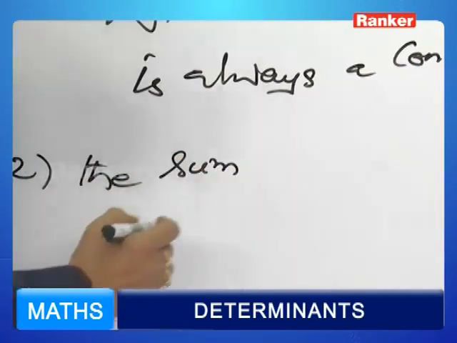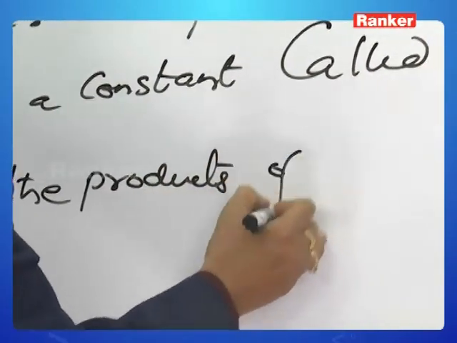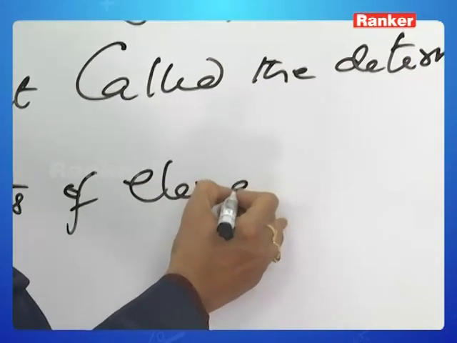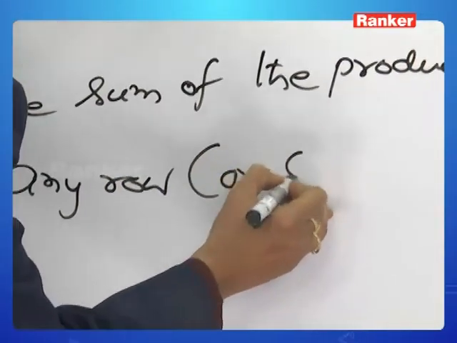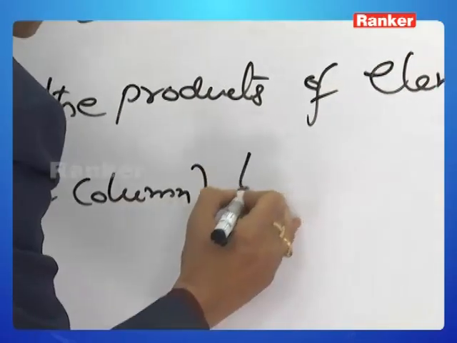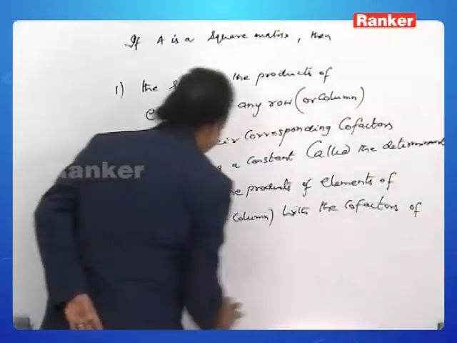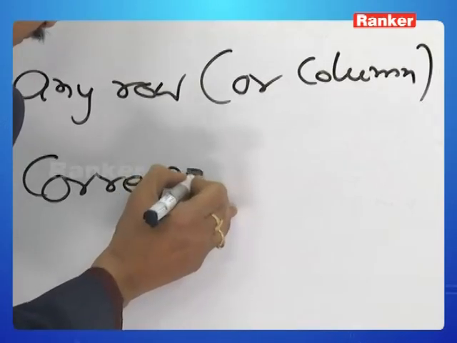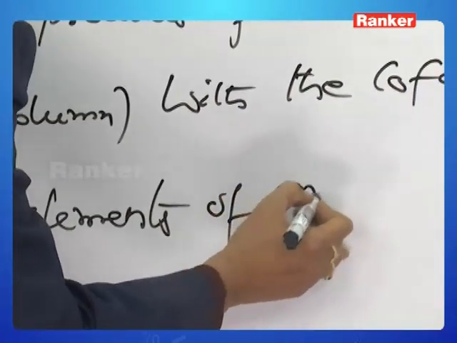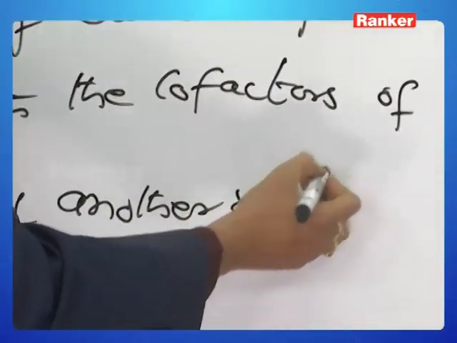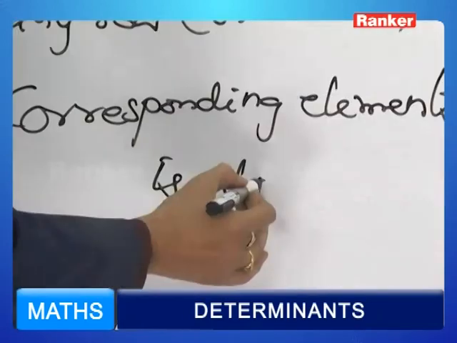The second sentence: the sum of the products of elements of any row or column with the cofactors of corresponding elements of another row or column is always 0.